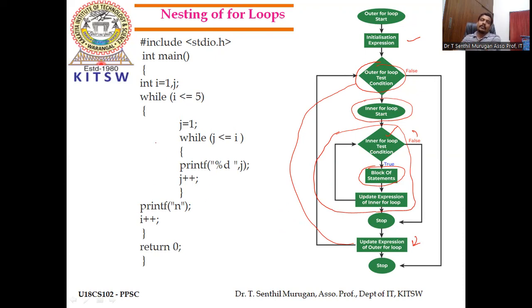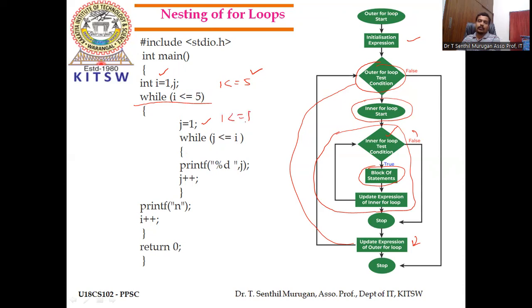So see this example. Here a while loop is used with i less than or equal to 5. We defined i equal to 1. i less than or equal to 5 means 1 less than or equal to 5, condition true. Then come here, j equal to 1, initialize the value of j, then check 1 less than or equal to the i value.